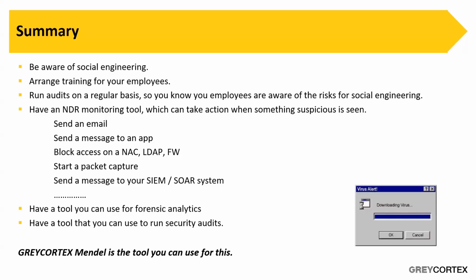Maybe don't have unused switch ports open, so shut down unused ports. Make sure that you have a kind of network access control system, so that you first have to log in to get access to the network.